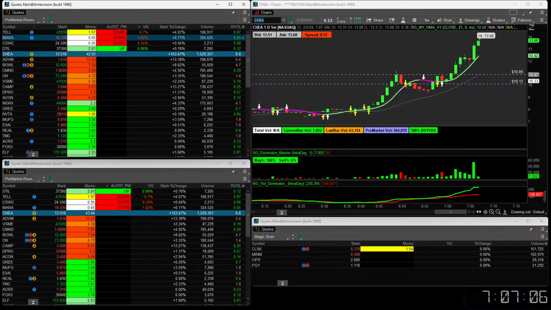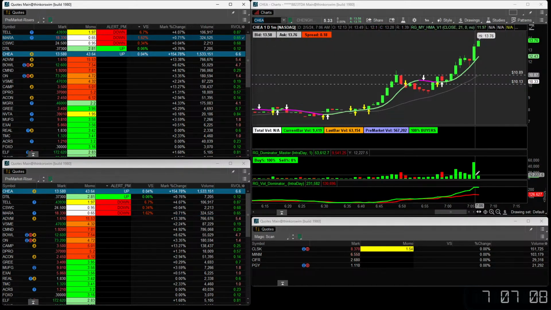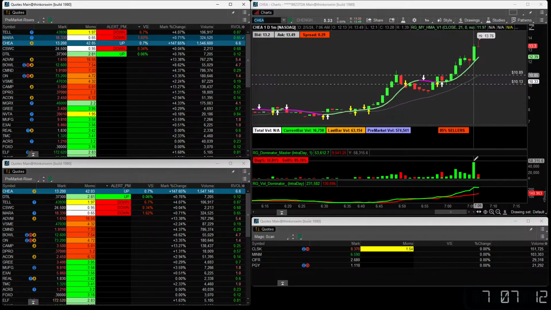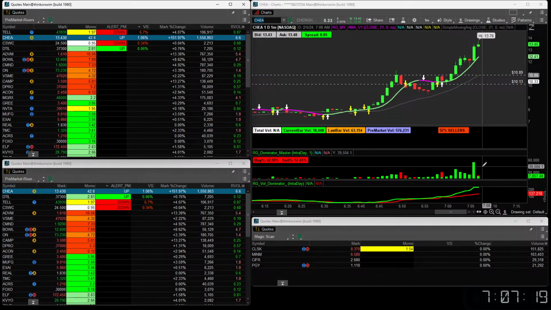Like we're picking up more momentum. I'm seeing a bunch of green candles. This was a tall volume spike right here. A couple of sellers coming in. I'm watching this Dominator Master Bars.